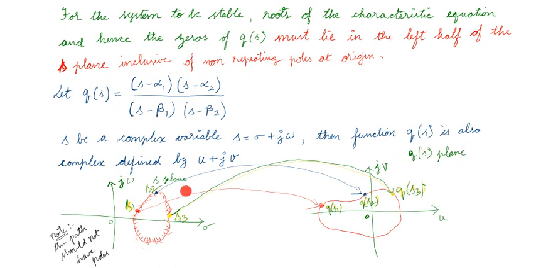If I put s1, the corresponding point is qs1; for s2, it is qs2; for s3, it is qs3. So this is a one-to-one point mapping.